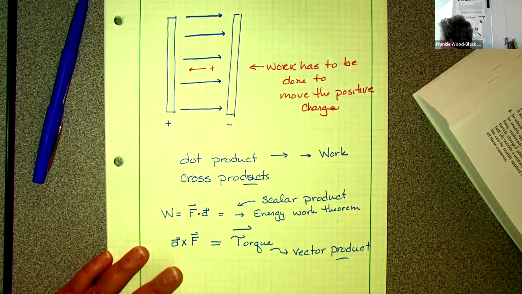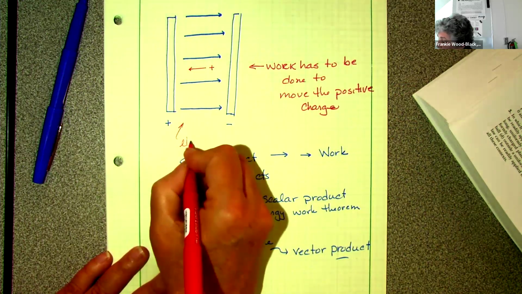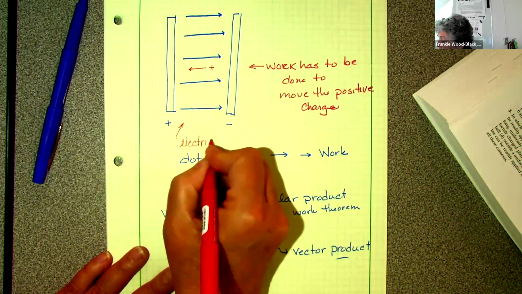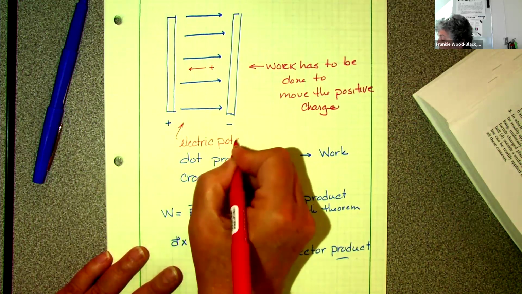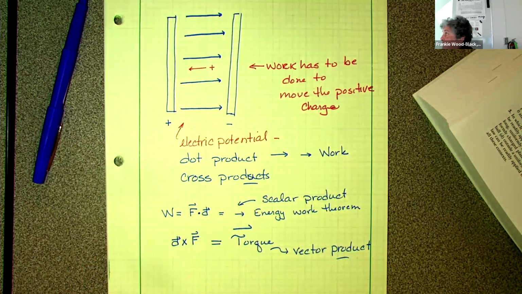I got to move that positive charge. And that's going to lead us to electric potential. All right, I'm going to stop there because I don't want to dive into electric potential.